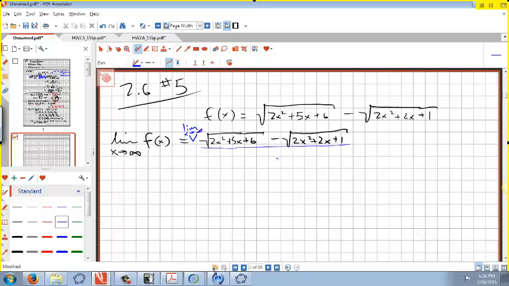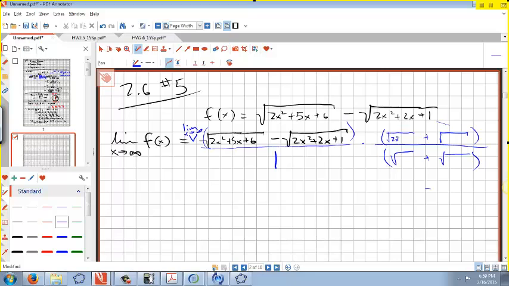If you turn this whole thing into a fraction, then what we can do is multiply top and bottom by the conjugate. So I'm going to write this plus this, a kind of shorthand, and multiply top and bottom by the conjugate of the numerator. We're allowed to do this because this is equivalent to 1.